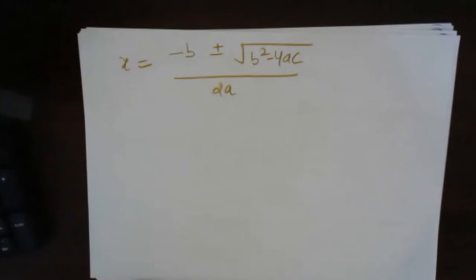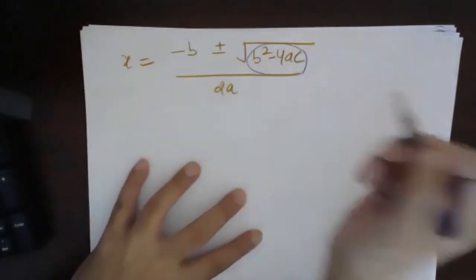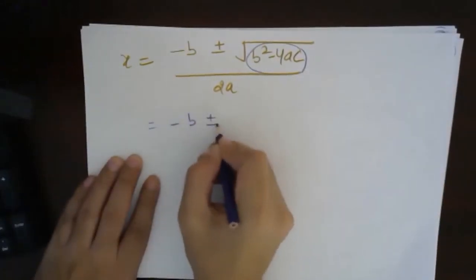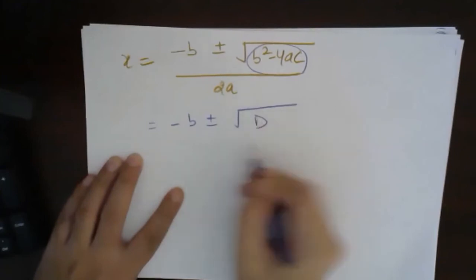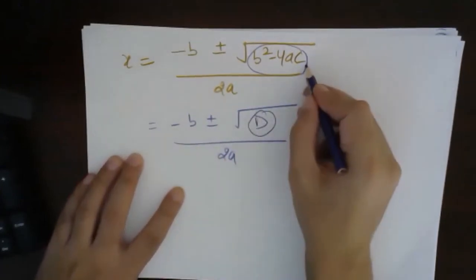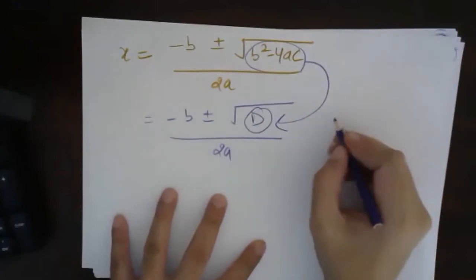Okay. So I will not write this b square minus 4ac again and again. I will simply write this as minus b plus minus under the root of d by 2a. Just for the sake of convenience, I'm writing this as a new constant d. D is known as the discriminant.